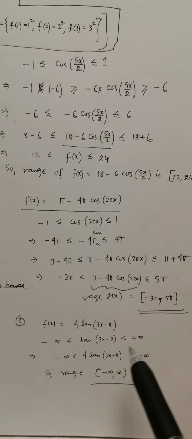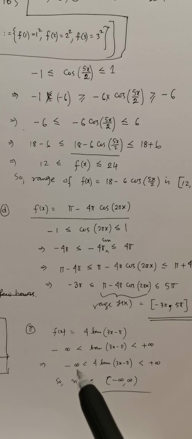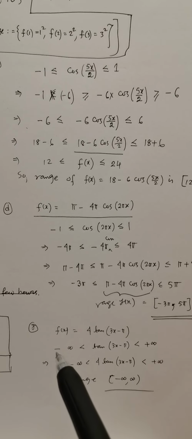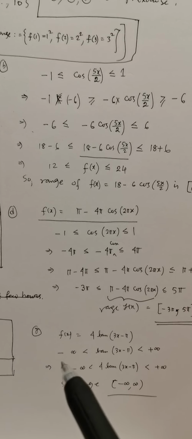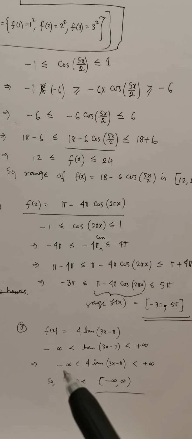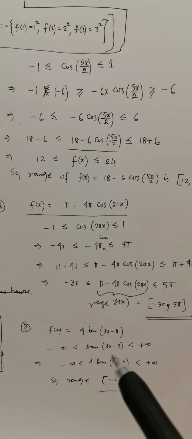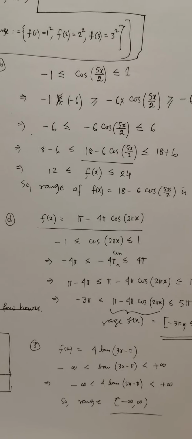If you multiply both sides by 4, it is again the same, because multiplying minus infinity or plus infinity by any finite number leaves them unchanged. So basically the range is again minus infinity to plus infinity.